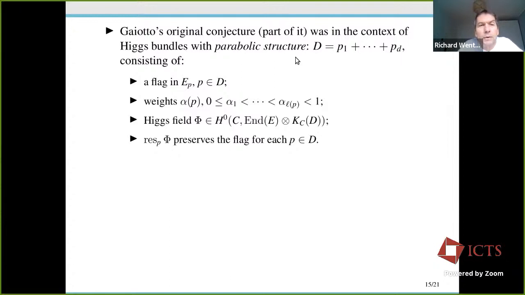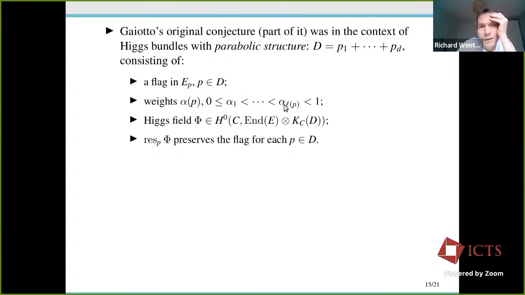And if I have a holomorphic bundle, then a parabolic structure on that holomorphic bundle consists of the first two objects, namely a choice of flag and a fiber at every point over P, and a choice of weights that are just simply numbers, real or rational if you prefer, between 0 and 1, weighted in this way.